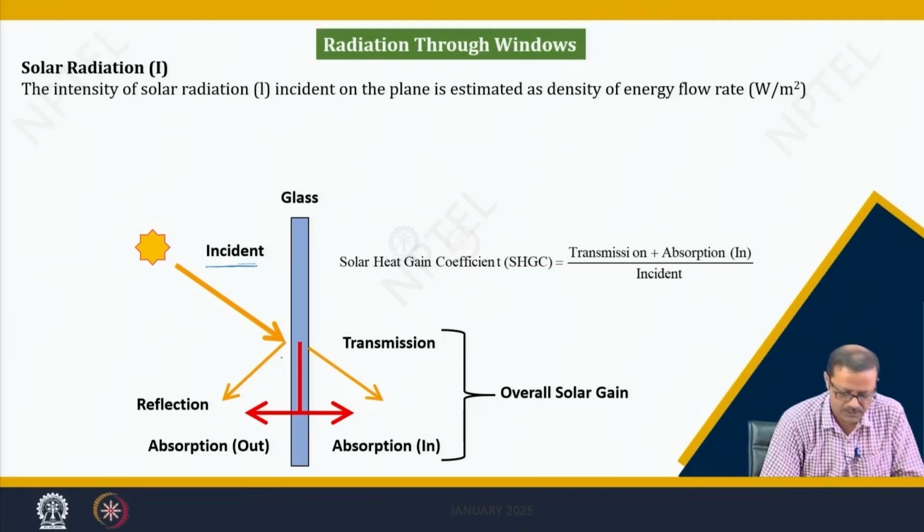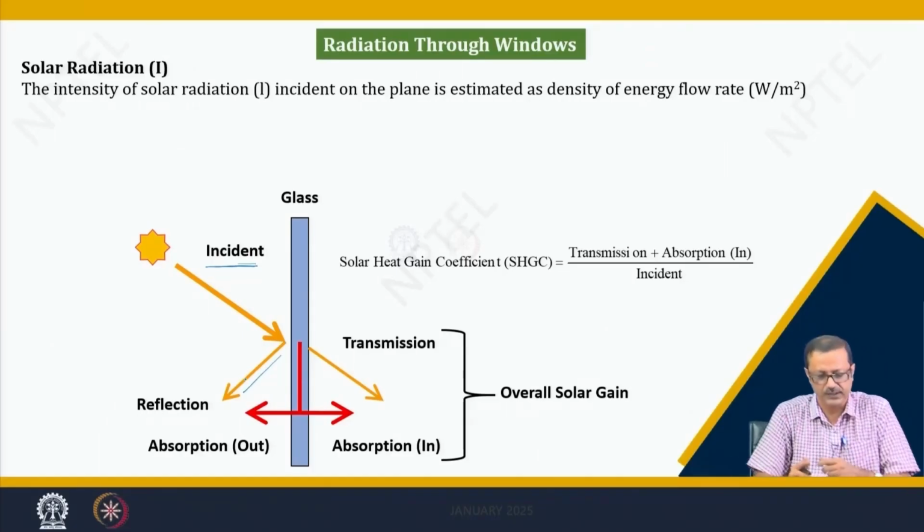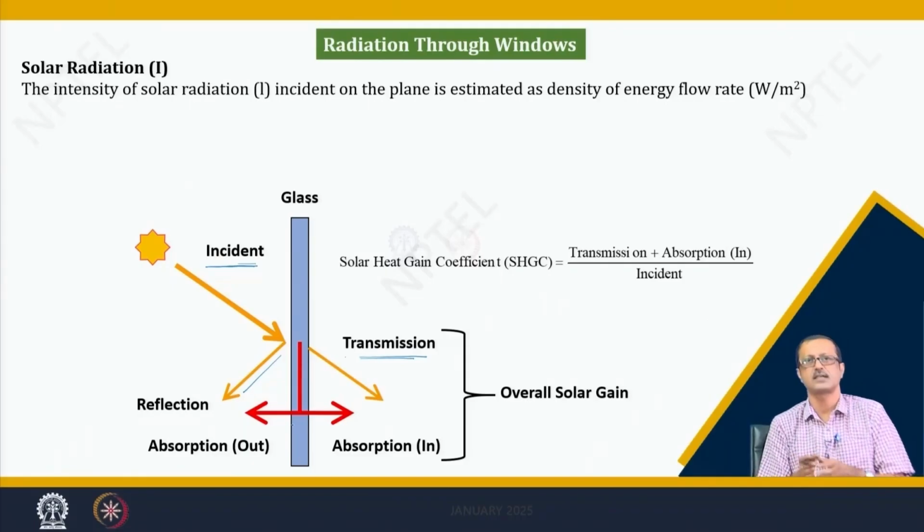Some portion, I must say, will be reflected back, some will definitely be transmitted, and some portion will be absorbed inside the glass, and after absorption an amount will be transmitted in and an amount will go out.